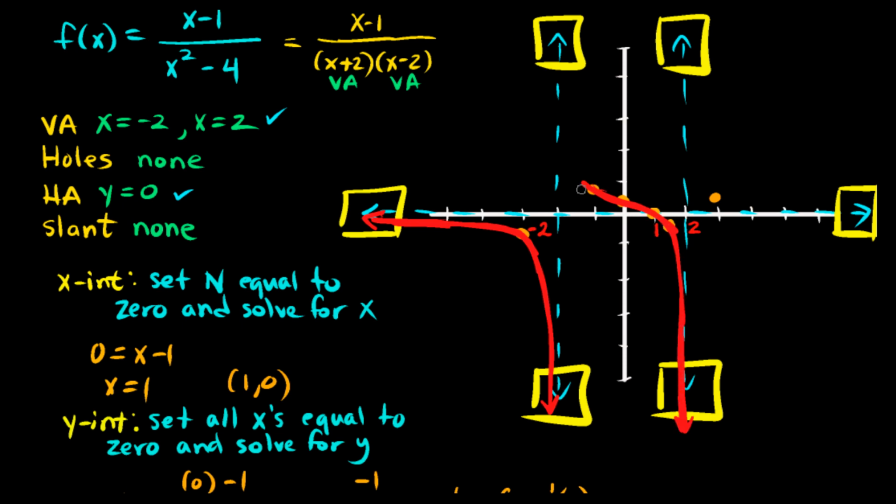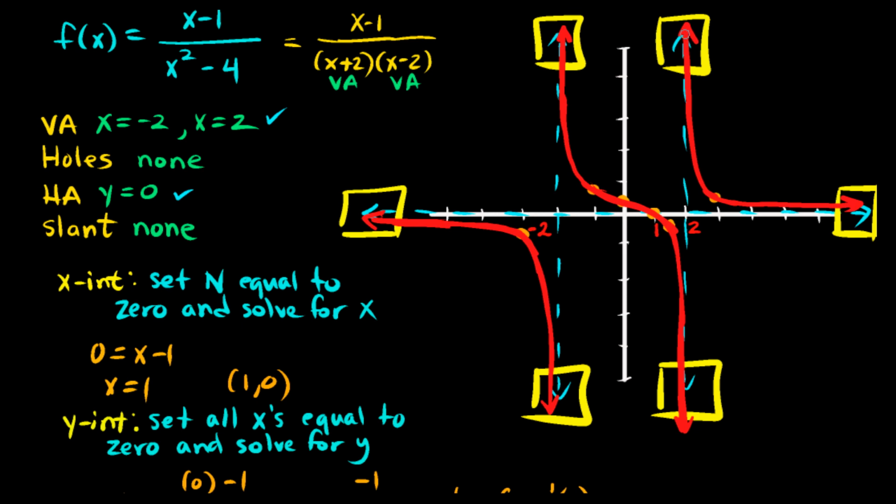And this part over here is going to pull it toward it, and it's going to look like that, sort of a swoop in here, and it comes all the way down. And lastly, this part is going to pull this toward it, and this is going to pull it up here. So this is what the graph of this function looks like.